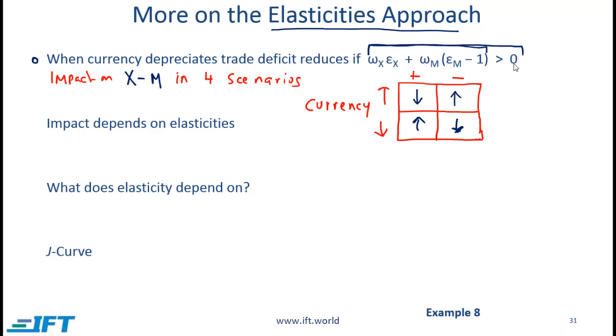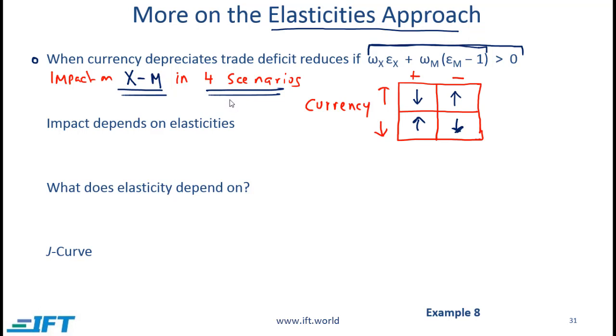Now, I just want you to understand the 4 different scenarios that can take place. And what we will do is look at the impact on X minus M. This is the trade surplus, or you can look at this as the negative deficit, but it's easier to think of X minus M. What is the impact on X minus M in 4 different scenarios?